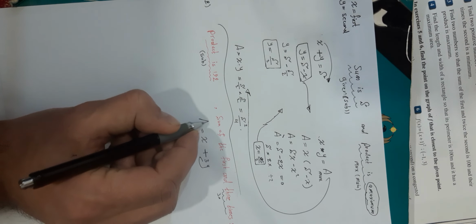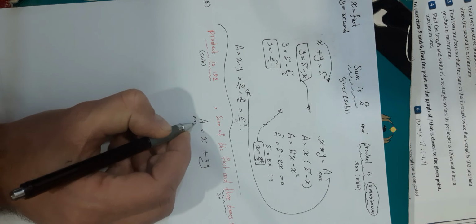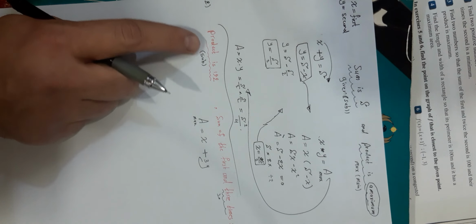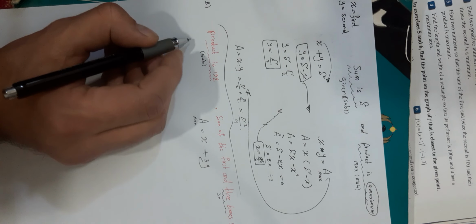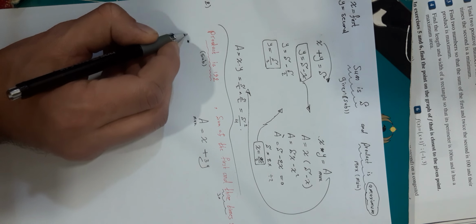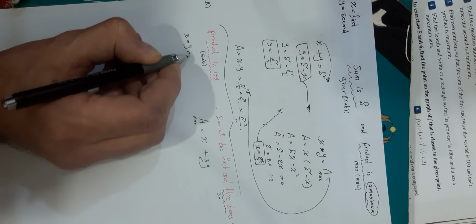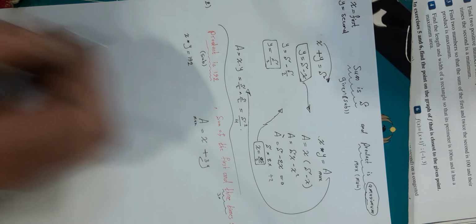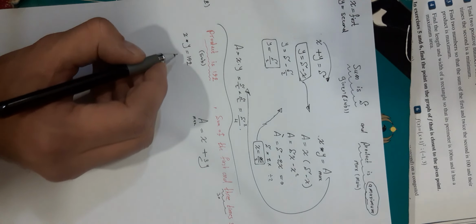The product is 192. Product, meaning multiply between x and y, is equal to 192. So it is a sub equation.